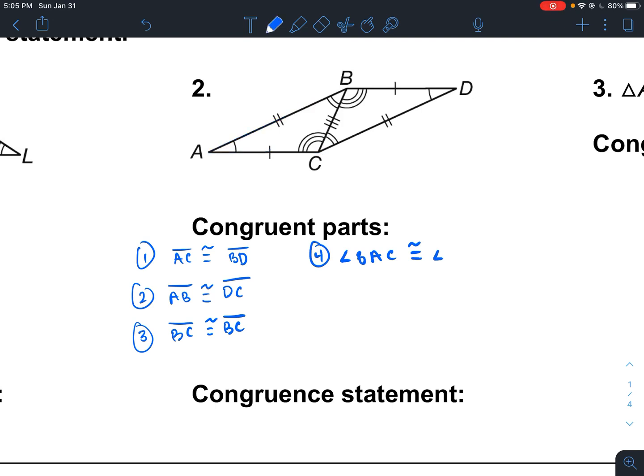Okay, so here I started with the double angle, I went to the single angle and then to the triple line part. So that means to describe this angle right here, I'm going to say that this is angle CDB. So this is congruent. So angle CDB. Again, this letter right here indicates the corner.